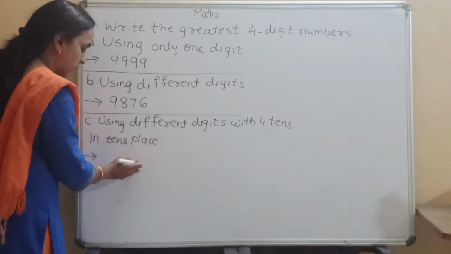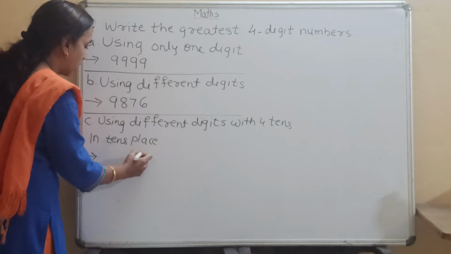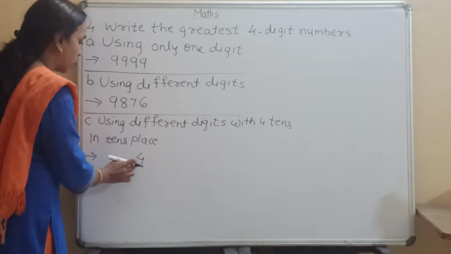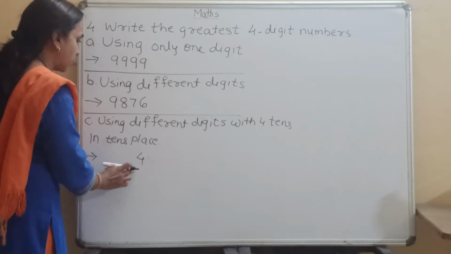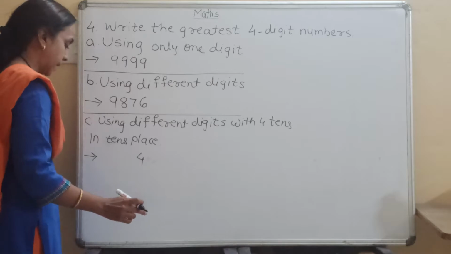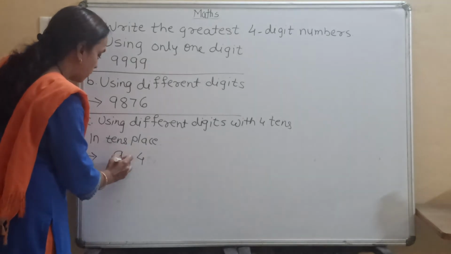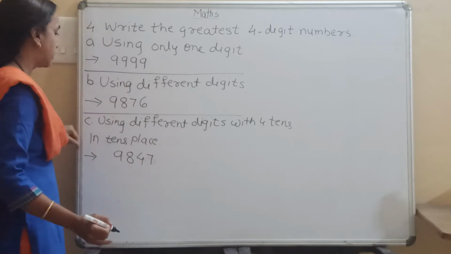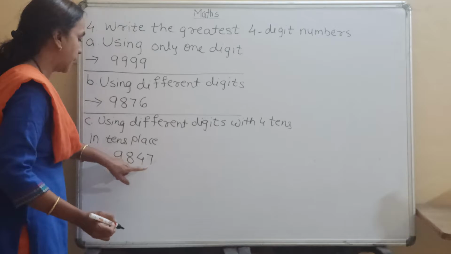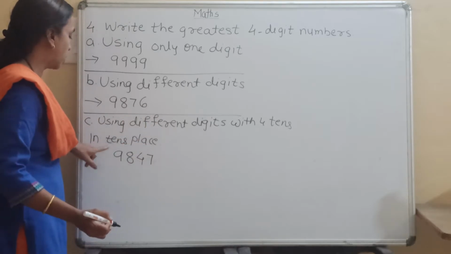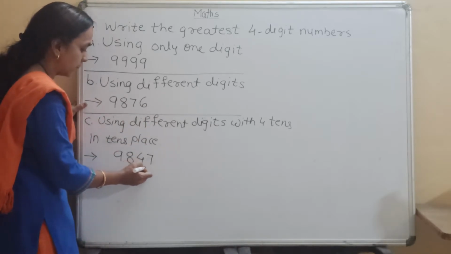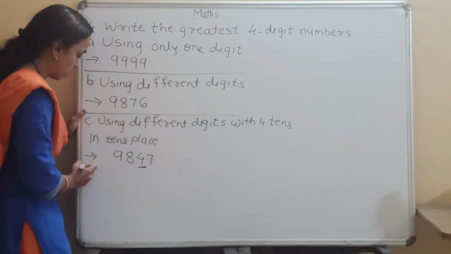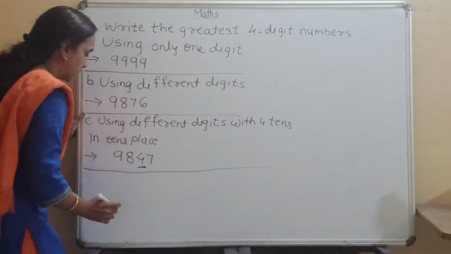It means in this tens place they want the number 4. So you write down there in this tens place 4. Using different digits, we have to prepare the greatest 4-digit number. So 9847. So this number we can write using different digits with 4 in tens place. So our answer is ready.